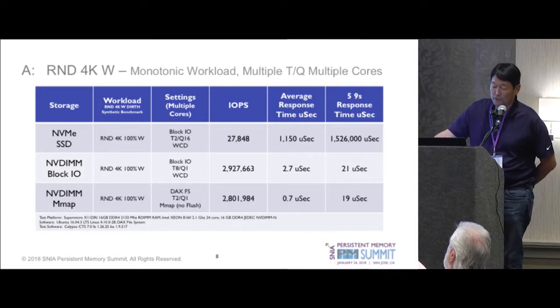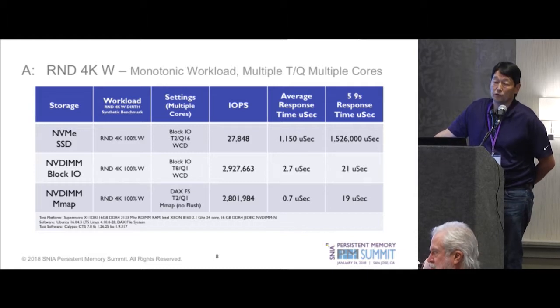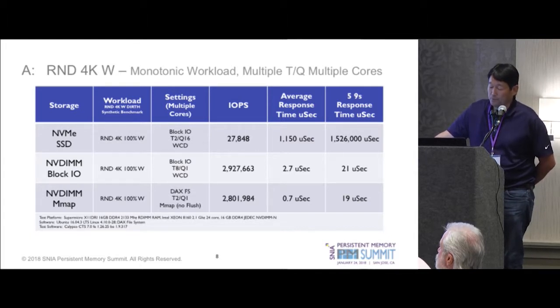So on the left, you will see which device it is. So for all of the slides, the NVMe SSD is first, the NVDIMM block I/O is second, and the NVDIMM memmap is third. In this segment, we're using multiple cores, multiple threads, and multiple queue depths. From that variation from 1 to 1,000 users, we picked out the combination that showed the best performance for each of the devices.